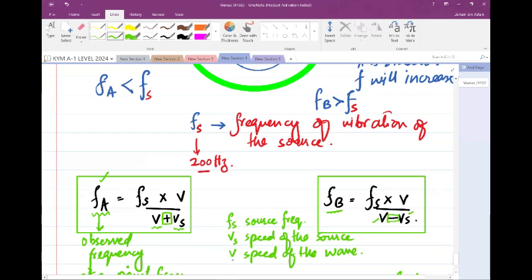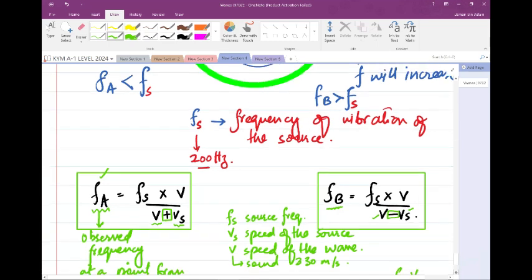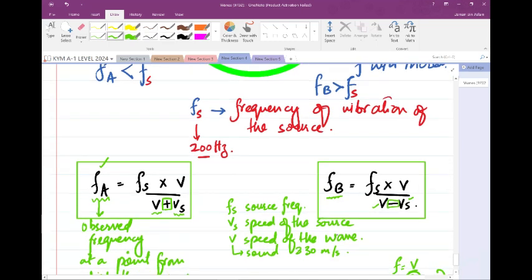Just for perspective, this V for sound is going to be 330 meters per second. If it is a water wave, it's going to have a different speed. Okay, and Vs is the speed of the source that is moving.